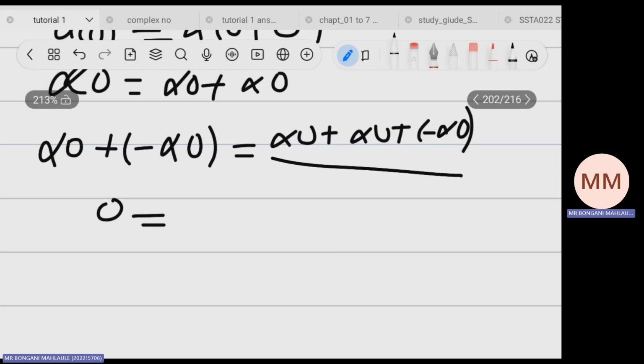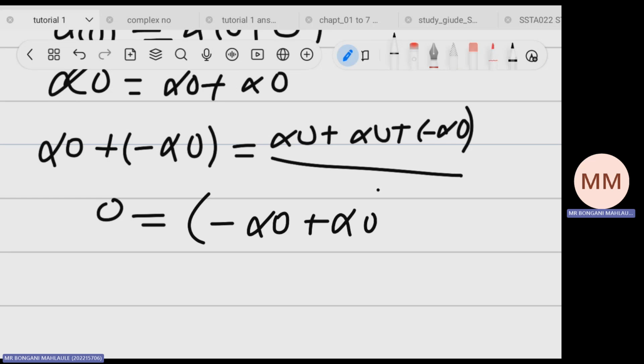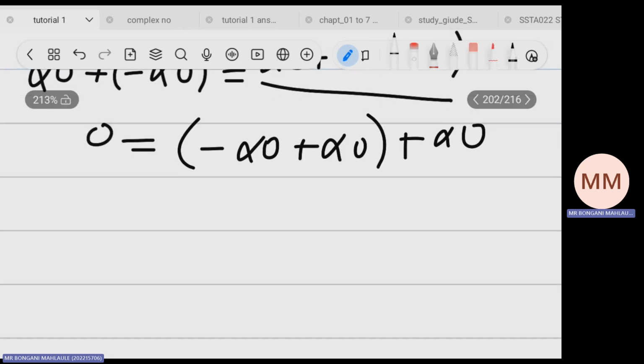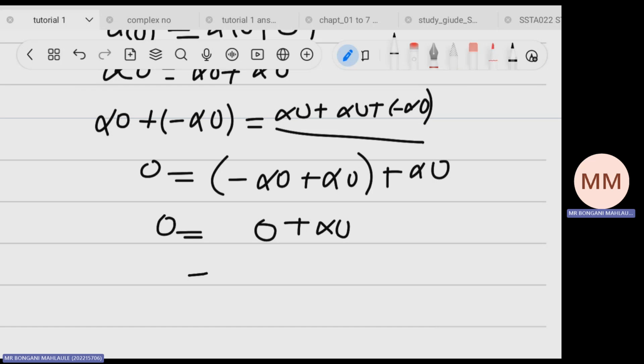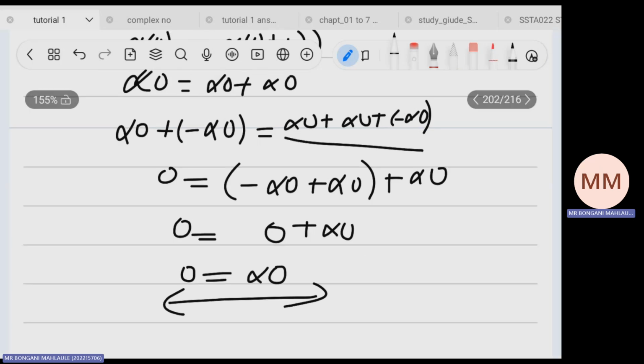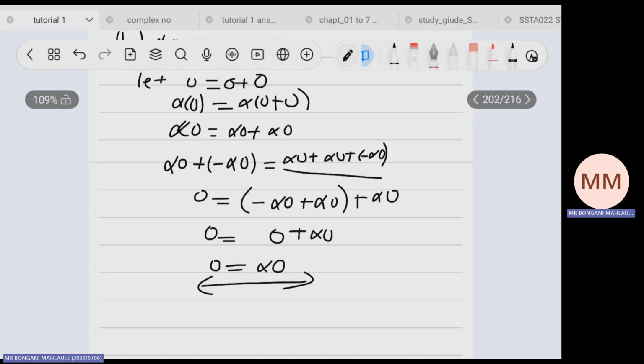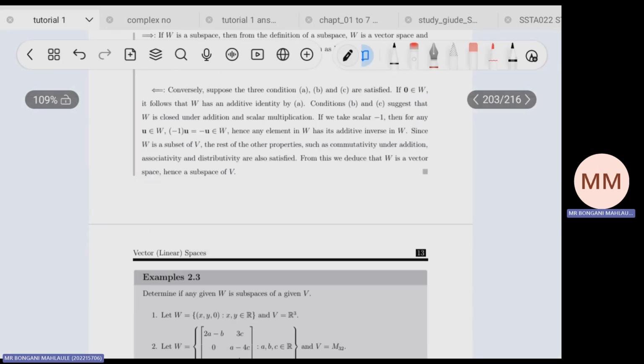Then on this part you apply the associative property. You'll have negative alpha 0 plus alpha 0 plus alpha 0. So you realize that this will give us 0 plus alpha 0, which is 0. So the second one is quite simple. Try to redo that if you don't get it.